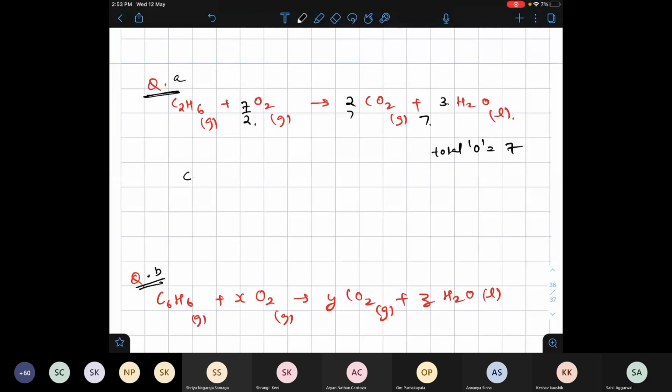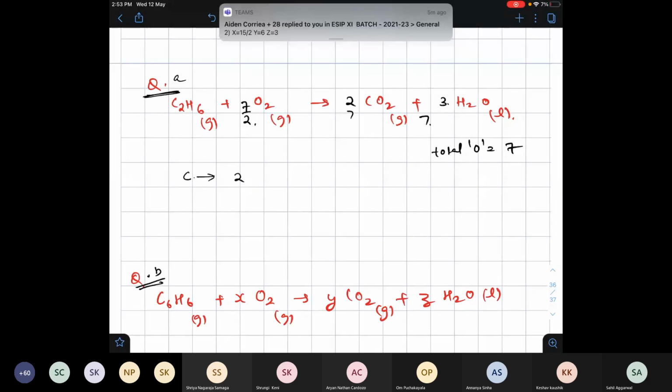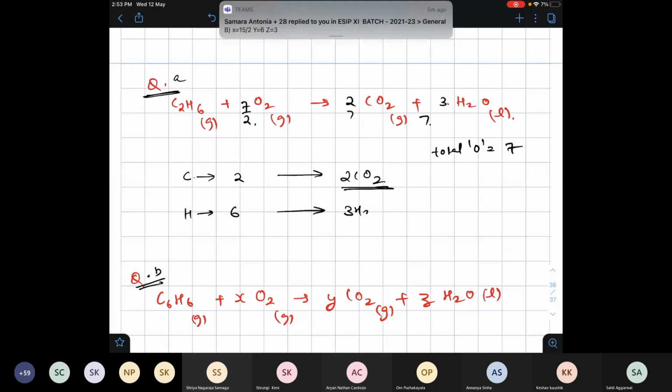We have 2 carbon atoms in the hydrocarbon. Yes, sir. So there will be 2 CO2. Yes, sir. 6 hydrogens, so there will be 3 water.